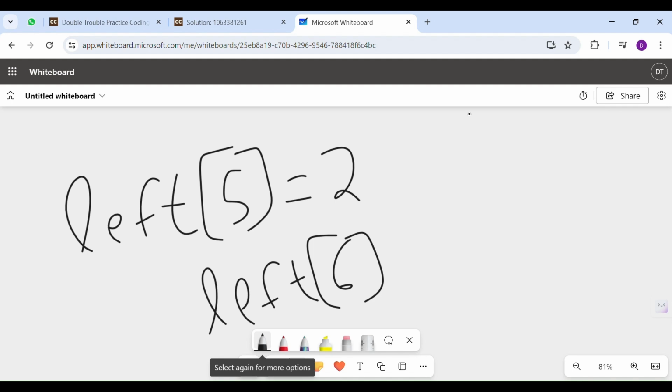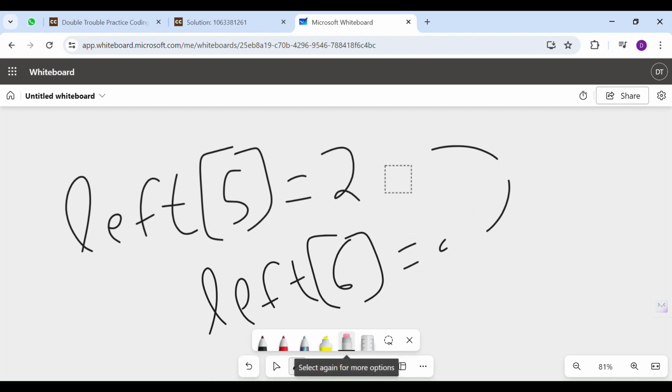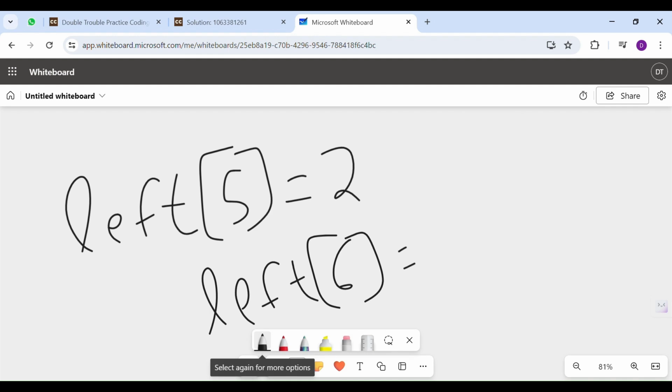If it can, that means left of 6 is also 2, because the fifth ball will eventually hit the second ball. So if from the sixth ball I can hit the I minus 1 ball, the answer is directly the previous one. Else, if I can't hit the fifth ball, the answer for left of 6 will be 6 only, right?